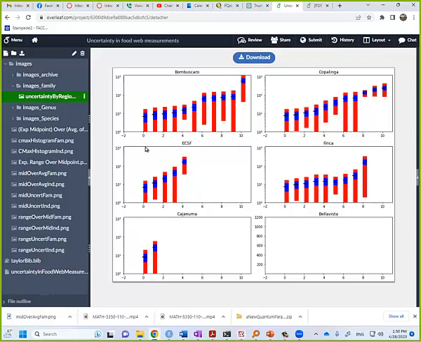So what I would like to do with Maria, if she has time, is this: the hypothesis we have been saying is that within a region, one species may substitute for another species.